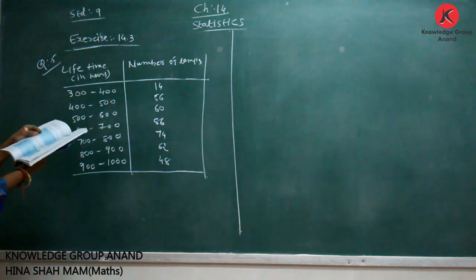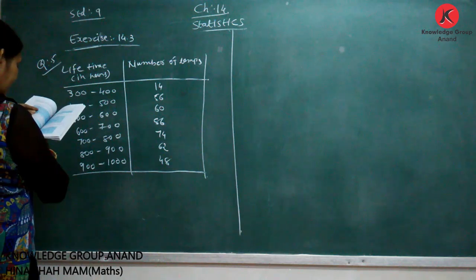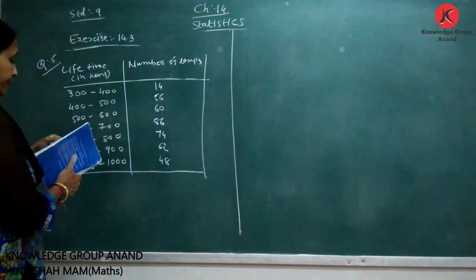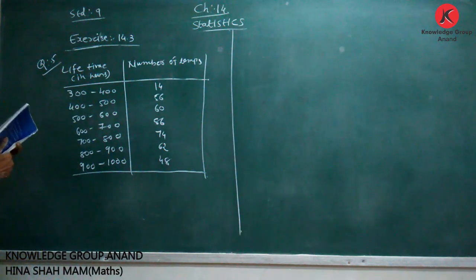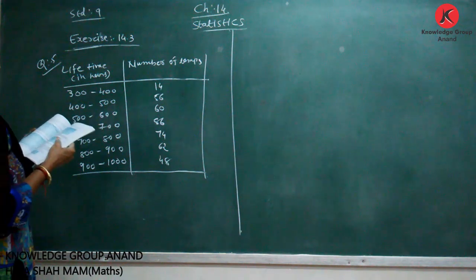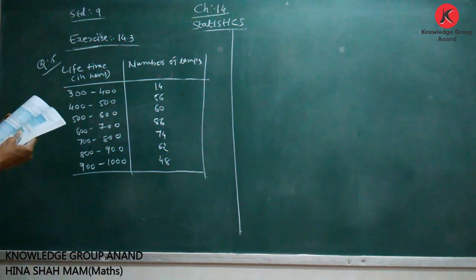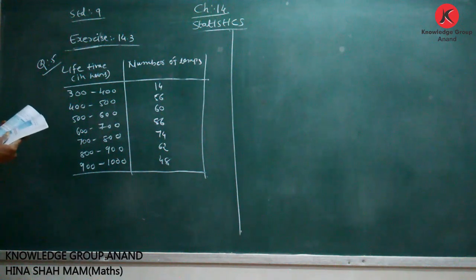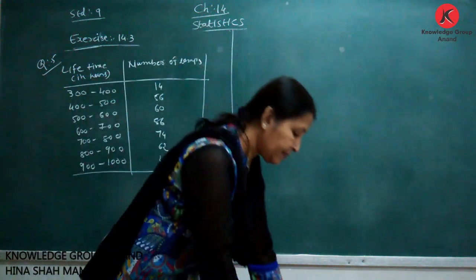Number of lamps: 40, 56, 60, 86, 74, 62 and 48. Question 1: represent the given information with the help of a histogram. Question 2: how many lamps have a lifetime of more than 700 hours?